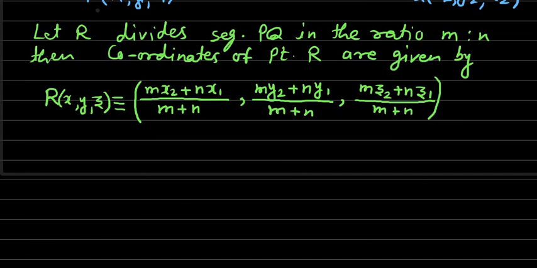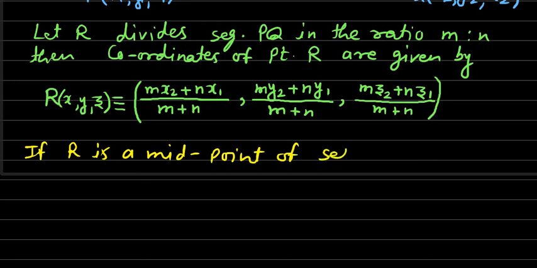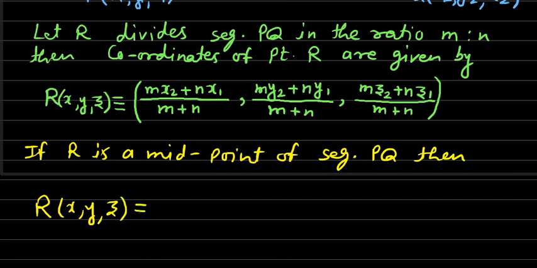So if R is the midpoint of segment PQ, then the coordinates of R, that is x, y and z, will be x2 plus x1, which can be written as x1 plus x2, divided by 2.